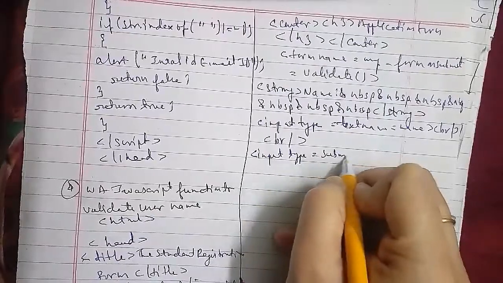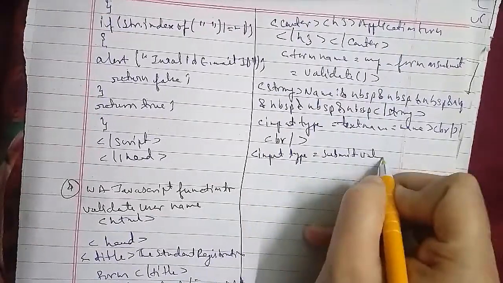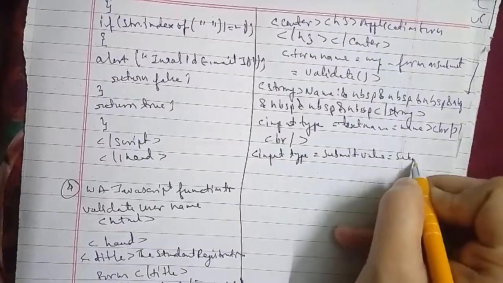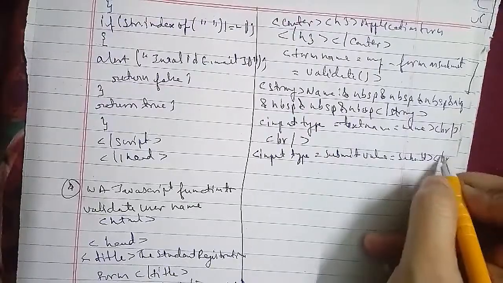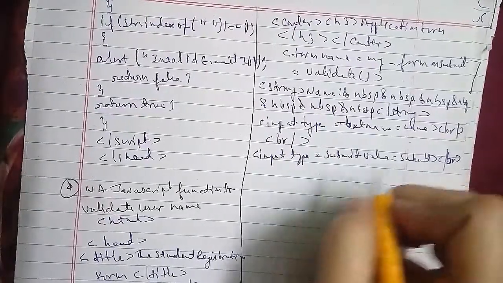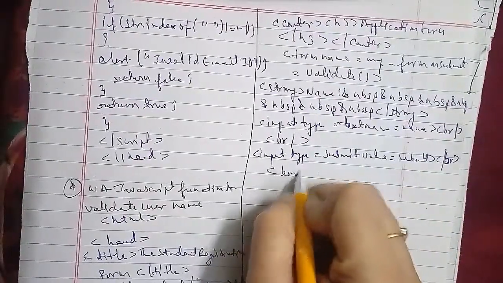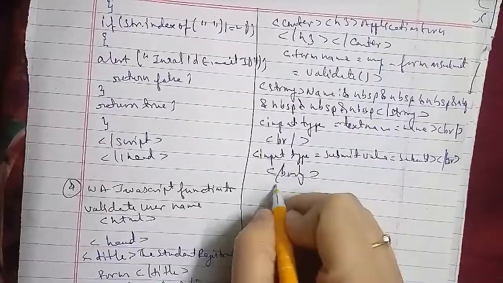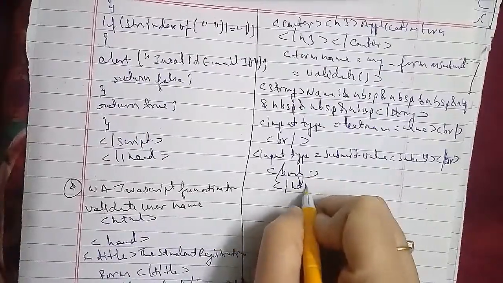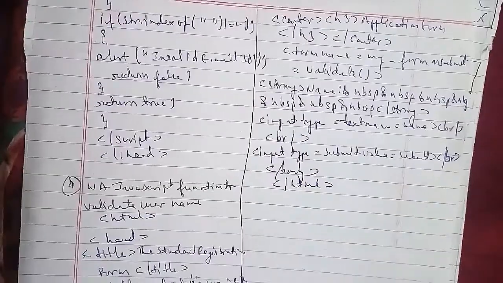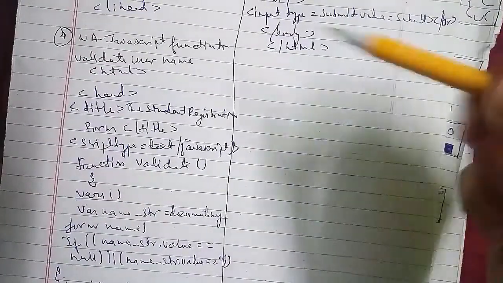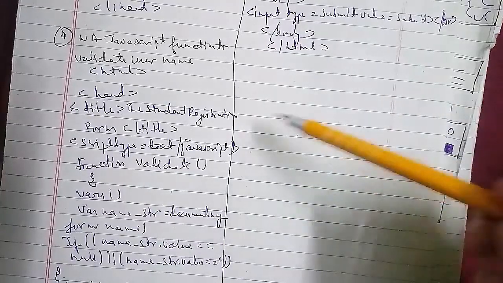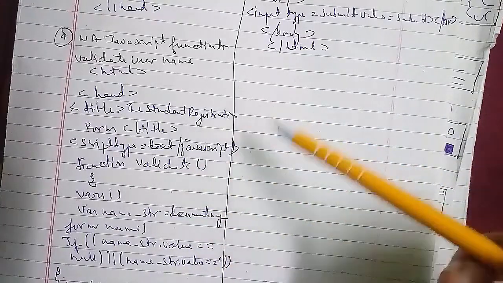Script type equals to text JavaScript, src equals to mypage.js. This JavaScript is written to be embedded in the file mypage.js, and then the script tag is closed here.